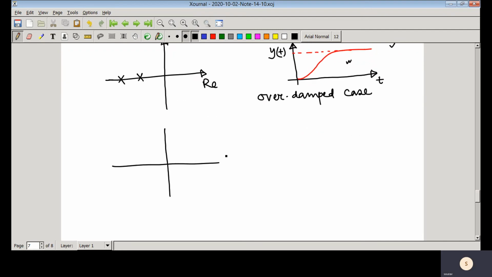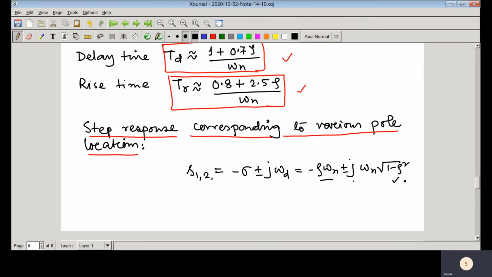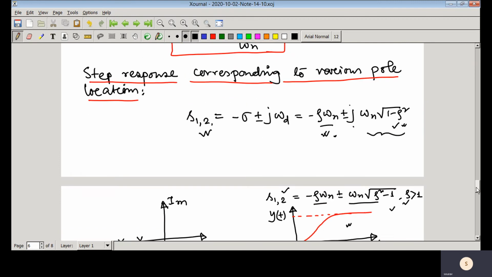is critically damped. Critically damped means that zeta is equal to 1, and whenever zeta is equal to 1, you can see here, if you put zeta equal to 1, this term would be equal to 0. So you have two poles on the same location and they are real and negative.